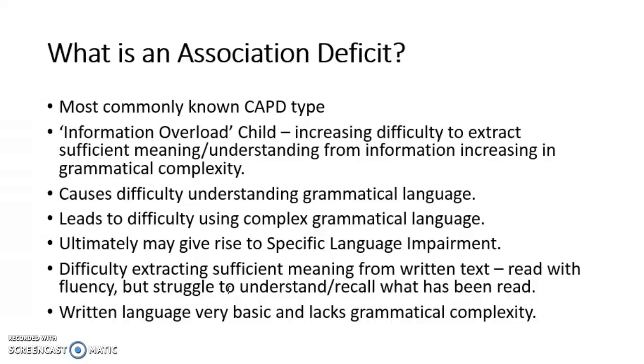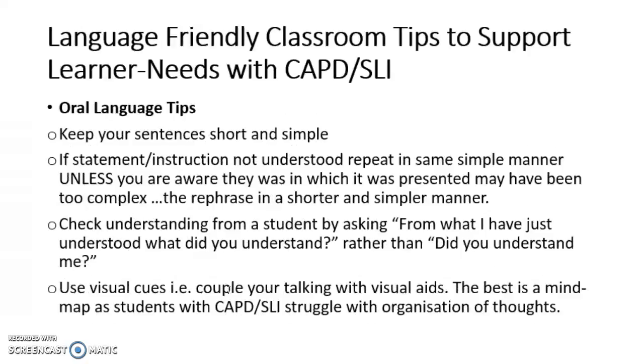In terms of their written language, these children will struggle to write in full sentences in essay formats, and when answering reading comprehension questions, they typically really struggle to answer in a full sentence, and prefer to answer in single words.